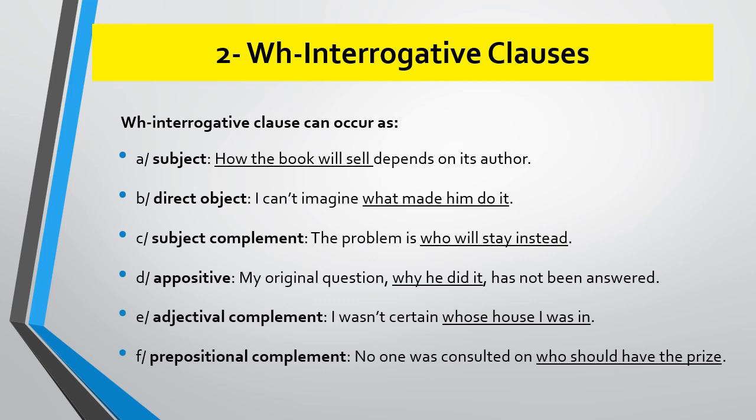So we have the preposition on, and it is followed by a WH interrogative clause, by a nominal clause. Who should have the prize? Its function is a prepositional complement. And that's it with this type. Its clue is the WH word or article, and the functions are these in front of you.